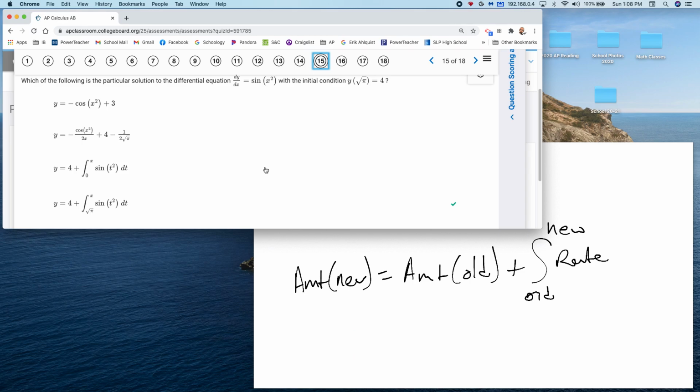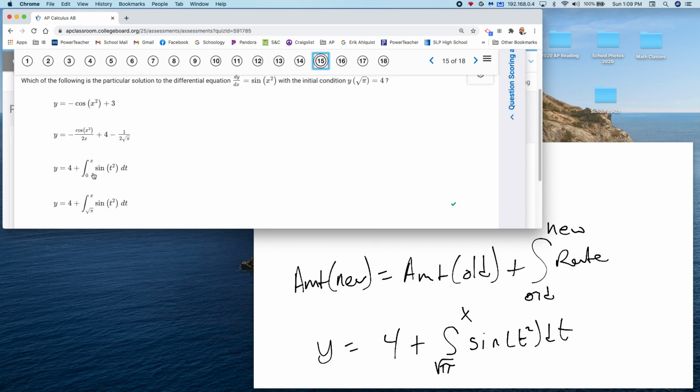So if we want to find some y value, we could take the previous y value plus the integral from the previous x value to a new x value of the rate. And that's clearly this last one down here. It's the only one that really works out to be that way.